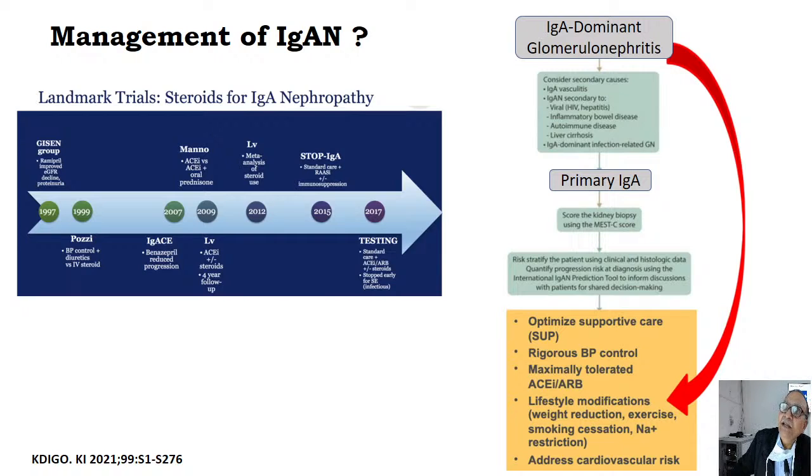But in spite of that, as of today, guidelines still suggest that after diagnosis of IgA dominant glomerulonephritis and excluding the secondary causes, once we come to primary IgA nephropathy, symptomatic treatment, good blood pressure control, protein restriction to a limit, and non-specific ACE inhibitor and receptor blocker is still the standard of care, with some specific situations where immunosuppression is used.